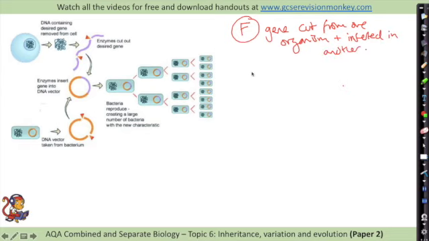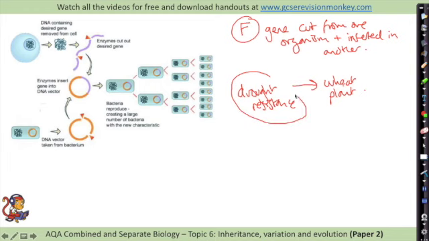For example, you might want to cut out a gene for drought resistance and put it into a wheat plant to get a really good crop of wheat. You might want to cut out a gene for pest resistance, for example, or in some cases you might want to cut out the gene for insulin and put it into bacteria so that the bacteria produce insulin.